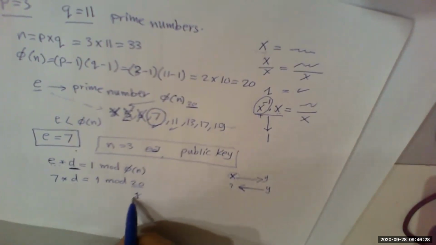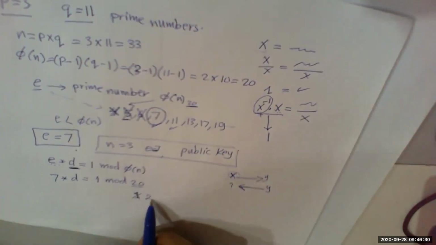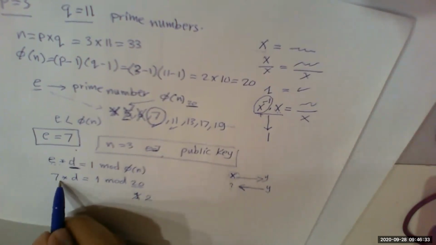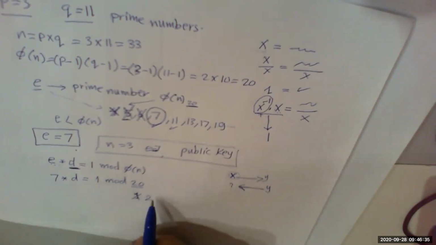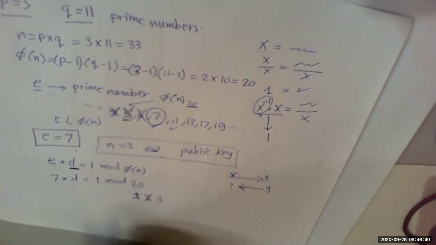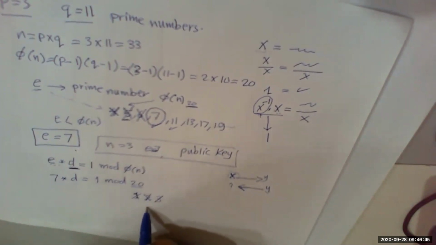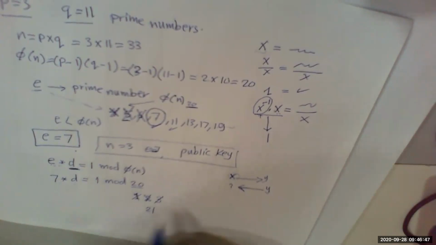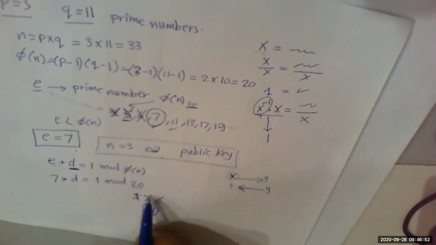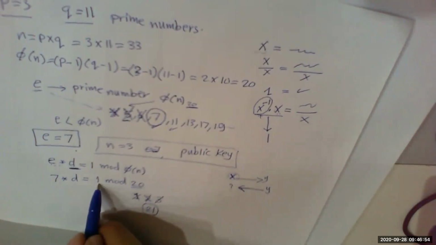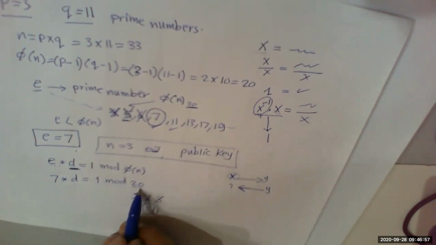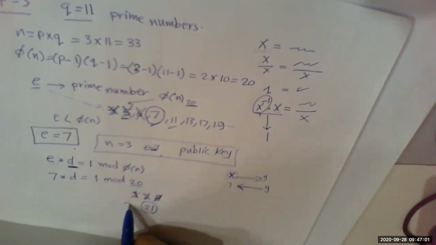So 1 is not working. What about 2? 2 multiplied by 7 is 14, a difference of 6. This is not going to work. What about 3? 3 multiplied by 7 is 21, and this is perfect: 21 is 20 and a remainder of 1.